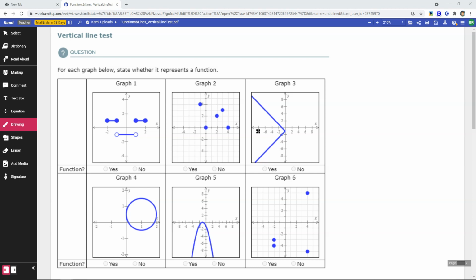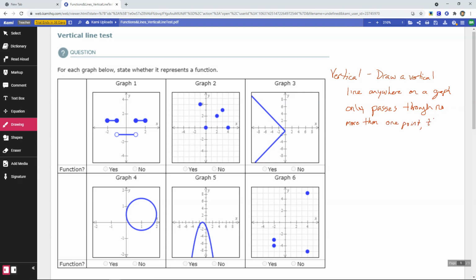So the vertical line test states that if you can draw a vertical line anywhere on a graph, and no matter where you draw it, it only passes through no more than one point, then it's a function.